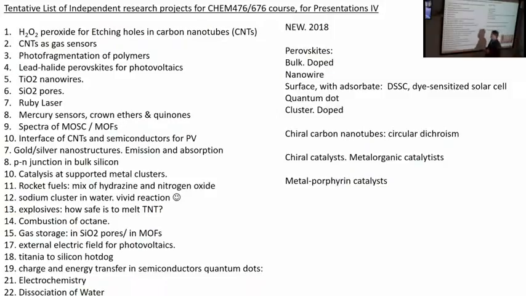Like maybe from childhood you wanted to make a lightsaber or laser gun for Star Wars, and therefore you want to model a ruby laser, which is chromium doping into aluminum oxide. Maybe you want to fly to the moon and you need rocket fuels, right? Or you are attached to perovskites in one form or another.